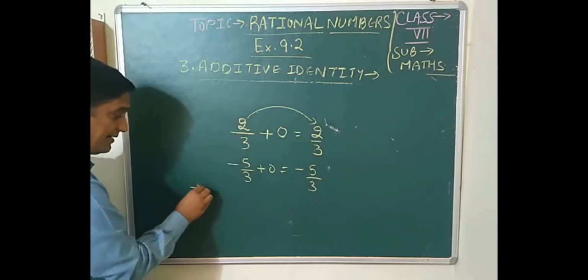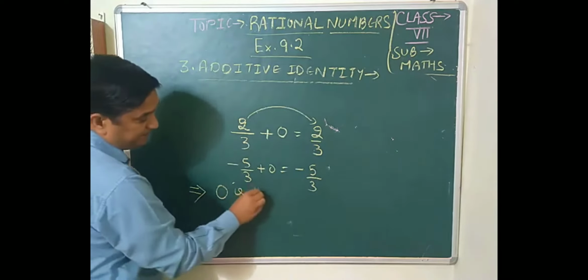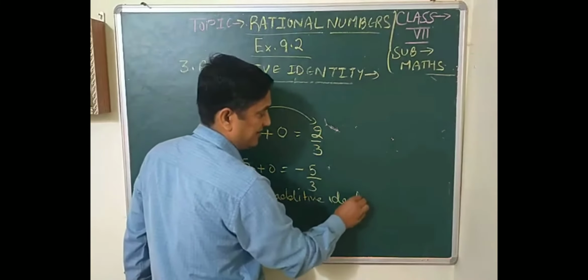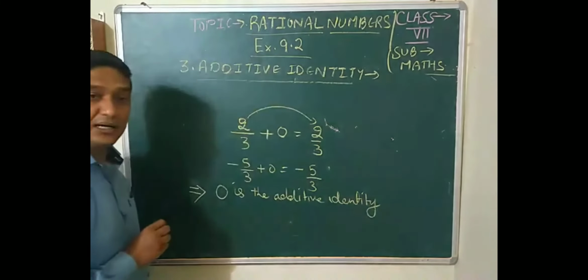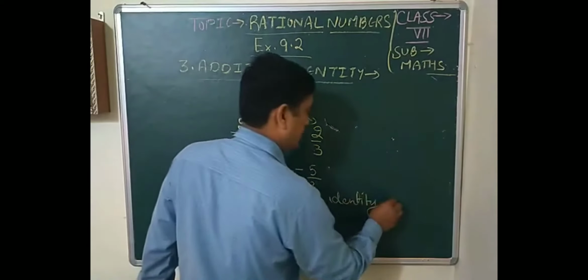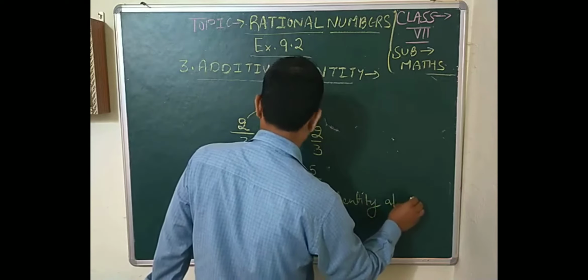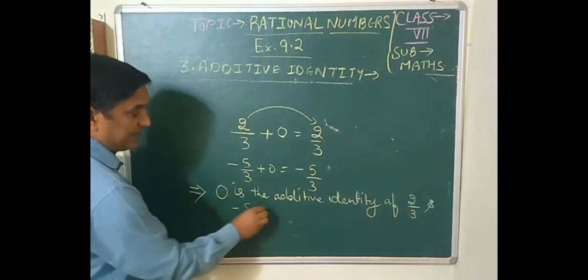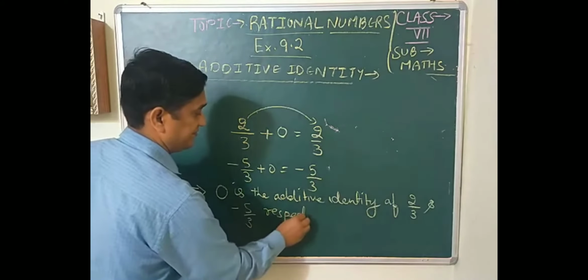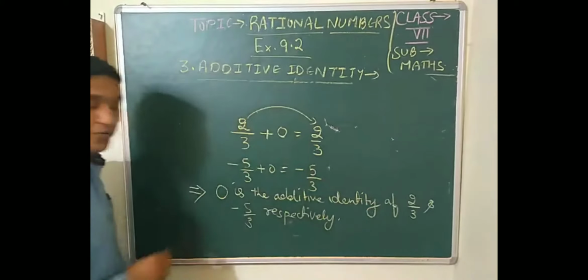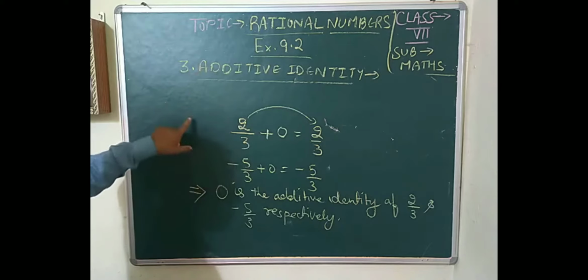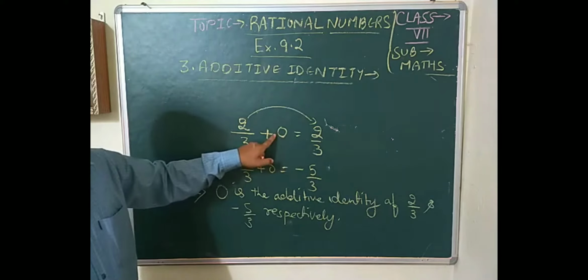It implies that 0 is the additive identity of 2 by 3 and minus 5 by 3 respectively. Or you can say 0 is the additive identity for all the rational numbers.